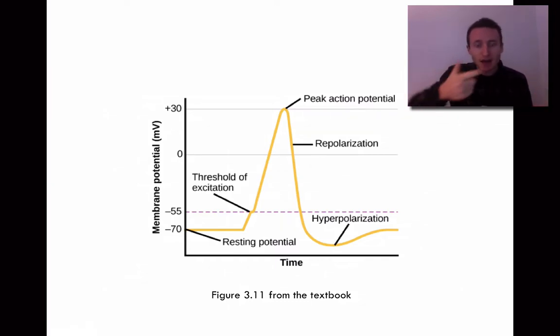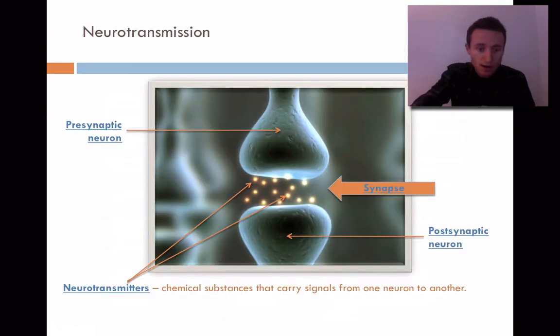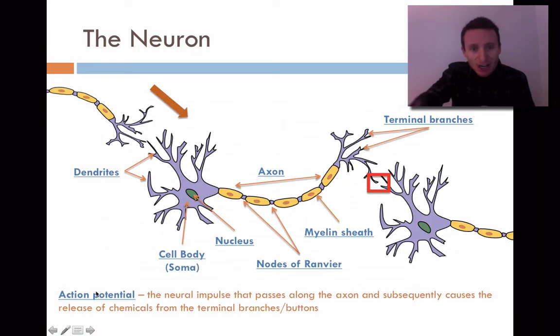Again, going back to the gun, if you don't pull the trigger hard enough, nothing happens. But eventually, if you increase the pressure, you get to the point where the trigger is pulled and the bullet flies. That is what we're talking about with a threshold. So you have to have enough excitatory incoming messages to cause the gun to fire, or in other words, to create an action potential.